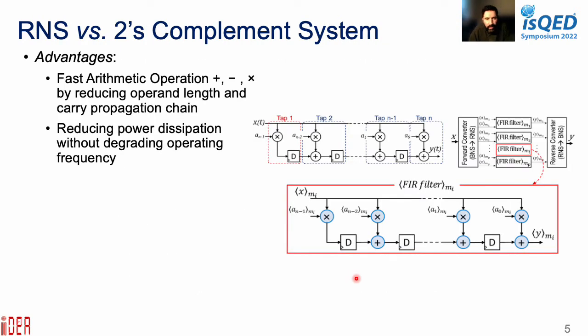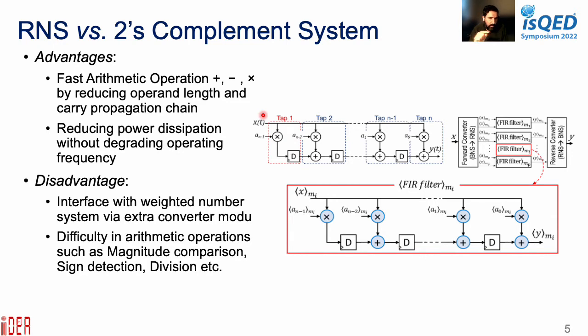One of the main advantages of RNS is that the arithmetic operations, including addition and multiplication, are performed in parallel with lower bit width over independent channels on relatively short operands compared to their two's complement counterparts.